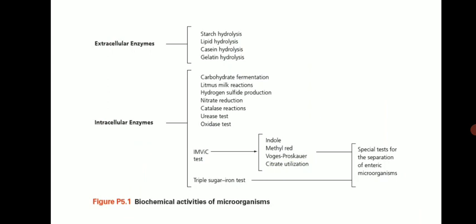Then various intracellular enzyme tests are performed, including carbohydrate fermentation, litmus reaction, hydrogen sulfide production, nitrate reduction, catalase reaction, urease test and oxidase test. All these are performed for detection of particular enzymes. The IMViC tests are very popular, and we already discussed the four tests. These are special tests for separation of enteric microorganisms. Overall, all these biochemical tests are performed to detect particular microbes.